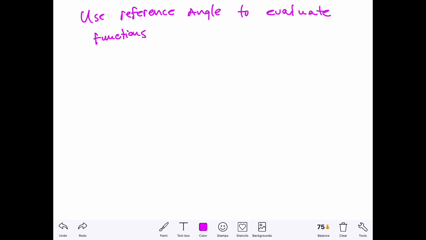Okay, let's use a reference angle to evaluate a trig function. Okay, how about the tangent of negative 240 degrees?